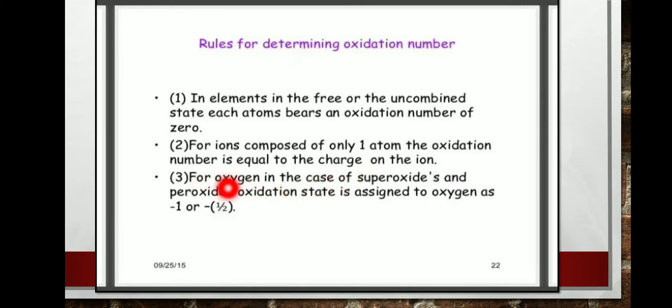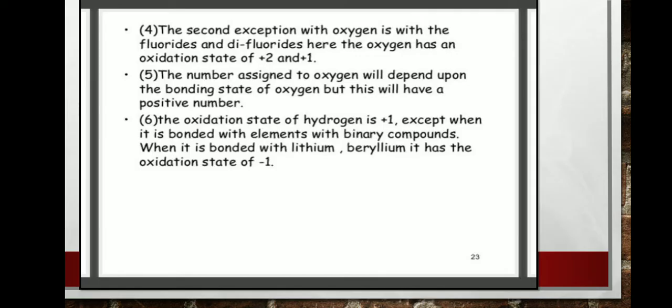Third point, for oxygen in the case of superoxides and peroxides, the oxidation state assigned to oxygen is -1 or -1/2. Fourth point, the second exception with oxygen is with fluorides and difluorides, where oxygen has an oxidation state of +2 and +1. Fifth point, the number assigned to oxygen will depend upon the bonding state of oxygen, but this will have a positive number.